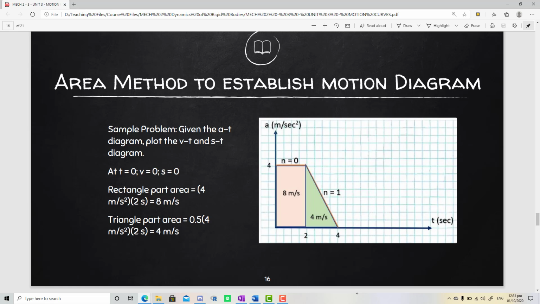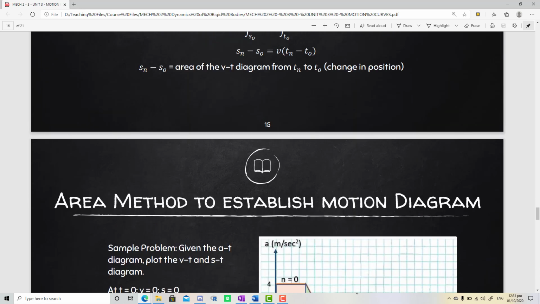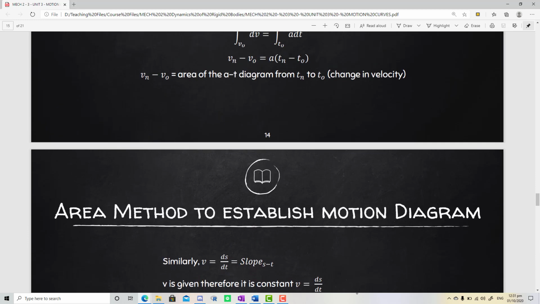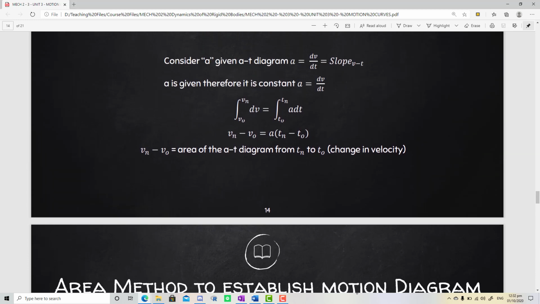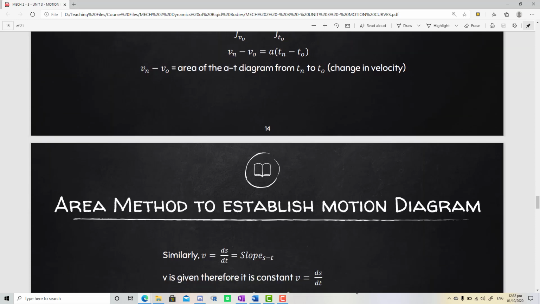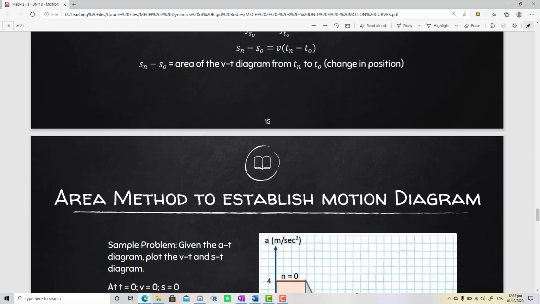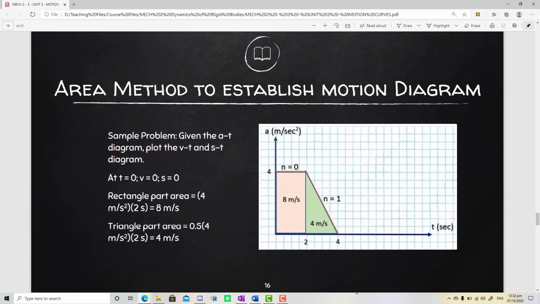From your formula a while ago, Vn minus V0 is equal to acceleration times the change in time. So using that, we can look for the change in velocity. This area is representing the change in velocity.